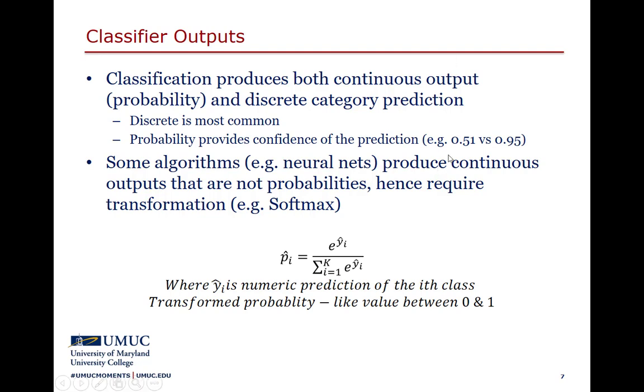For instance, if you train two different models, if you apply two different learning algorithms for spam detection and fit a model for the same case, and one identifies 0.51 probability and another one 0.95, in terms of discrete outcome, they are both the same. You are categorizing the email as spam.